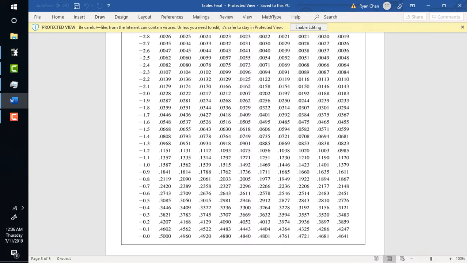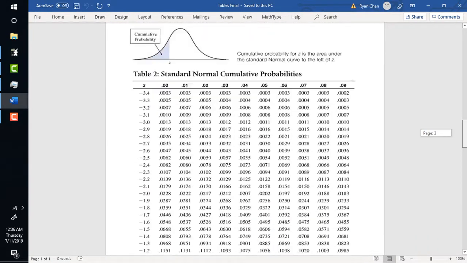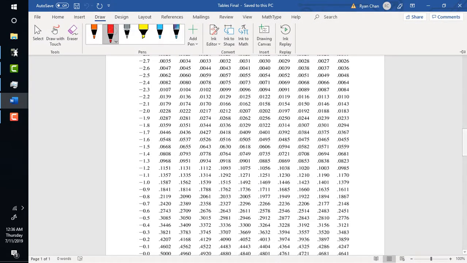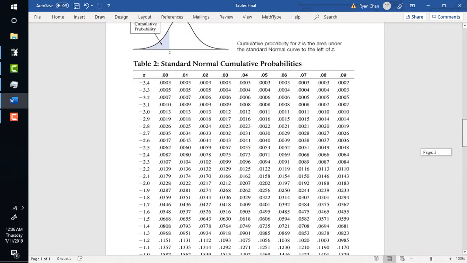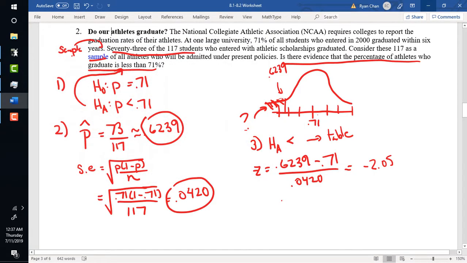Let me scroll down. See, negative 2.05, I get 0.0202. So my table gives me 0.0202.